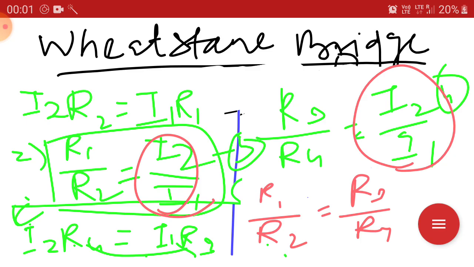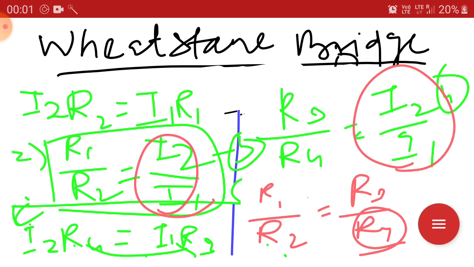So from here we can calculate the unknown resistance R4. This Wheatstone bridge is a practical device, and this principle is used in the meter bridge, which we will discuss in a later class.